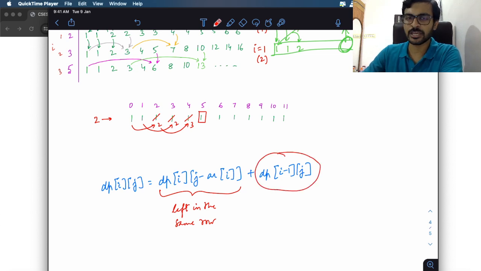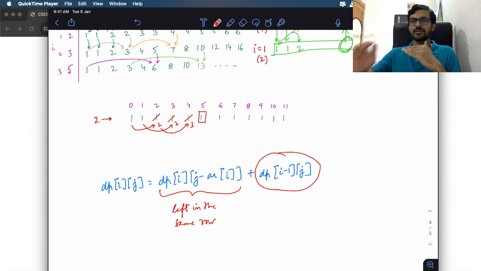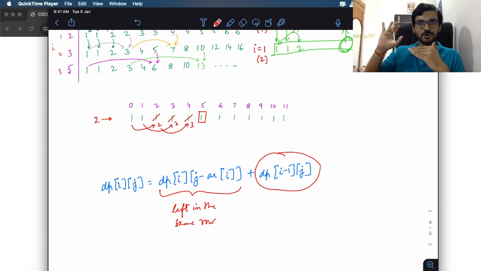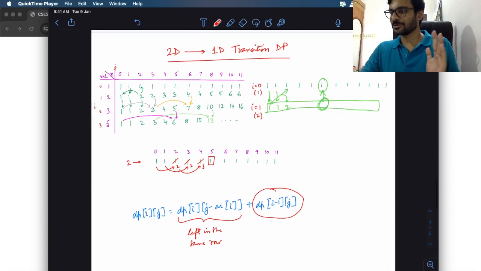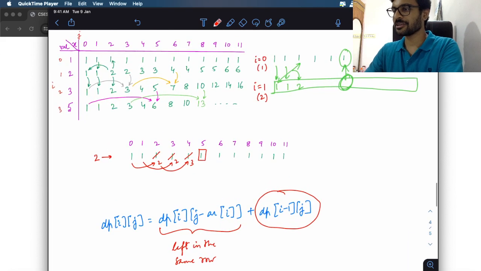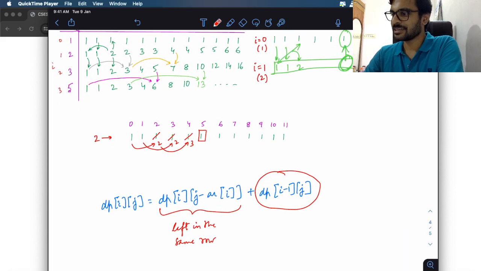Before we came over here, the same column was left by the previous row, by the previous coin. So we are just going to continue with that value. So if we carry this on, we'll have the same trend 4, 4, 5, 5, 6, 6.